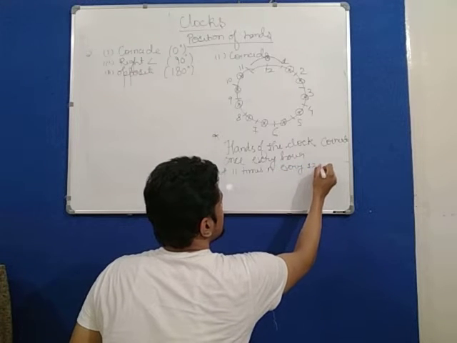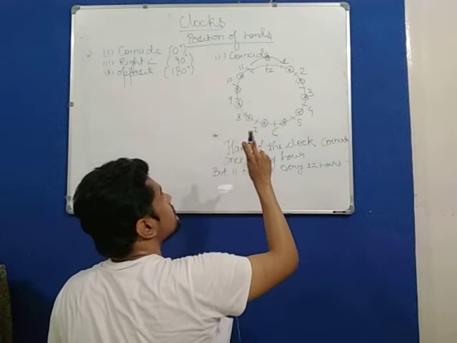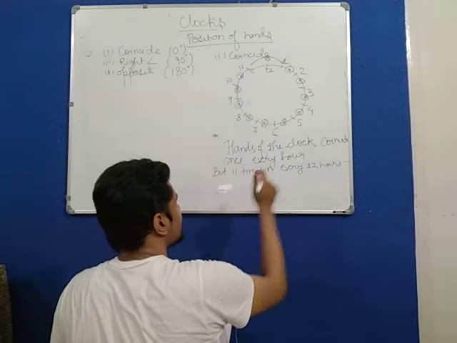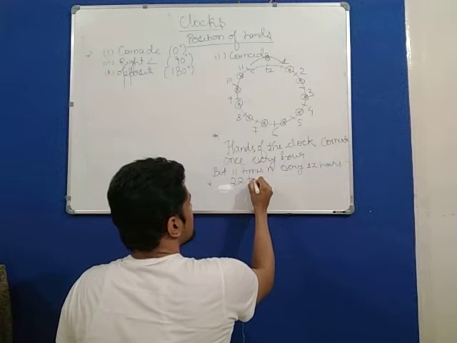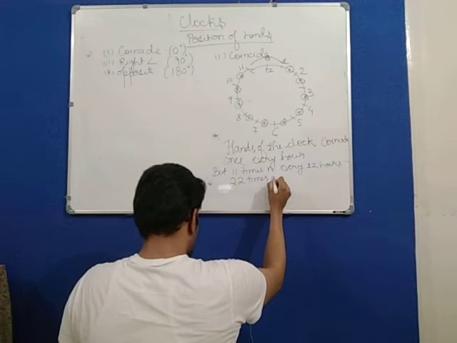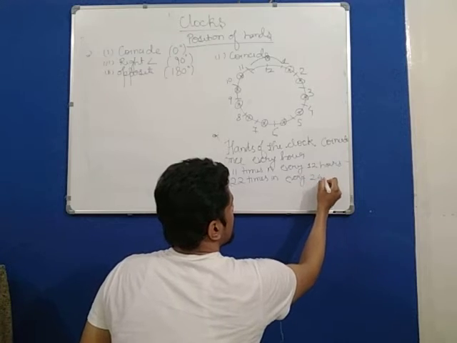That will be because they will coincide only once between 11 and 1 and not twice, and they will coincide 22 times in every 24 hours.